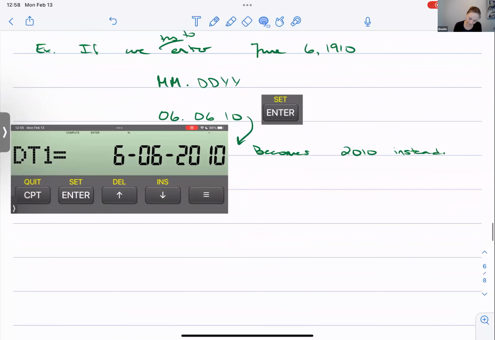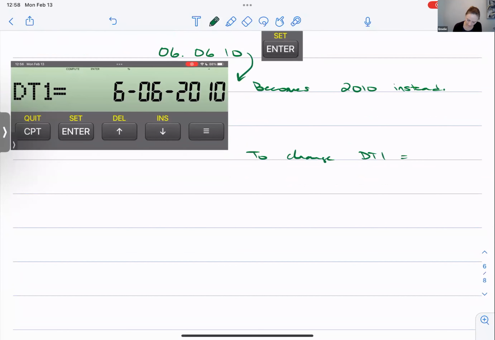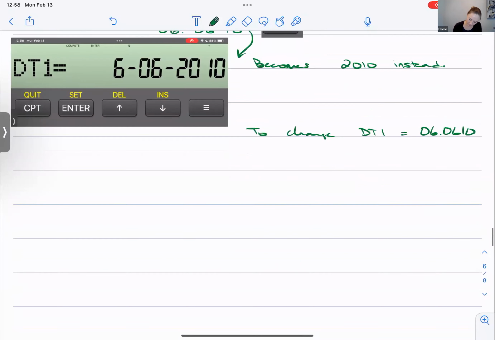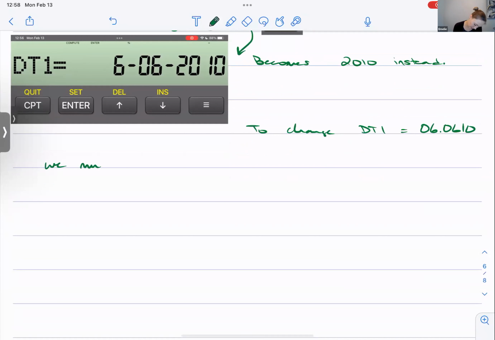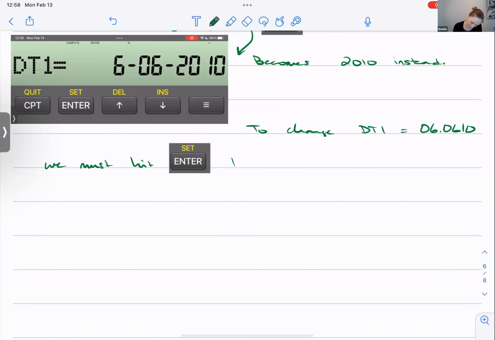So to change DT1 equal to 060610, we must hit enter to save it. You'll see the equal sign show up after the DT1.